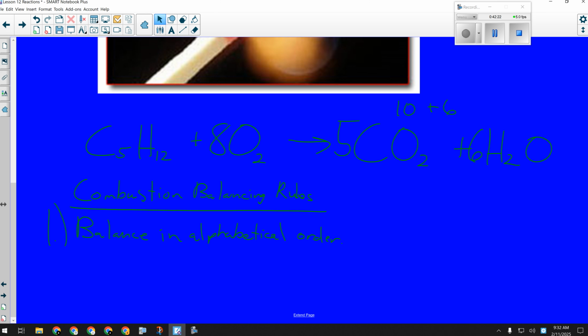And one addition operation, you had to go 10 plus 6. Balancing in alphabetical order will work for 1/2. That will be the only rule you will need for 1/2 of all combustion reactions. Okay. Now, the other kind of combustion reaction you could run into would look like this.